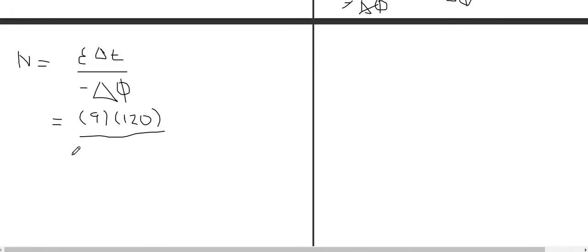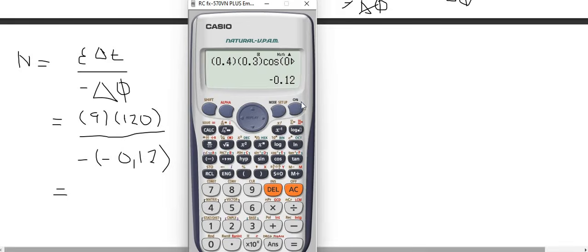So you must be careful. You have the negative from the formula, but when we calculated the magnetic flux earlier, it was also a negative 0.12. So a negative multiplied by a negative will be a positive. And if you just put this whole thing on your calculator, you will get a value there.